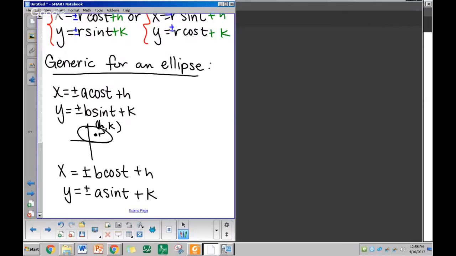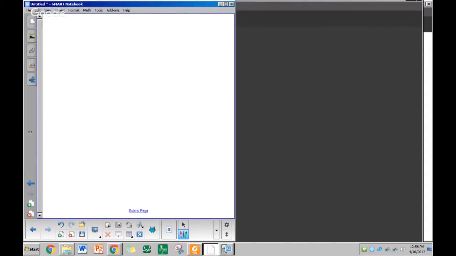All right, so let's do an example here where we want to do a circle centered at 0, 0 with a radius of 4.